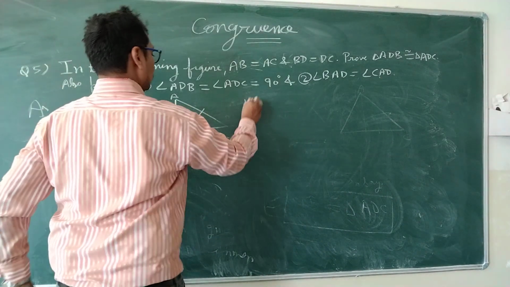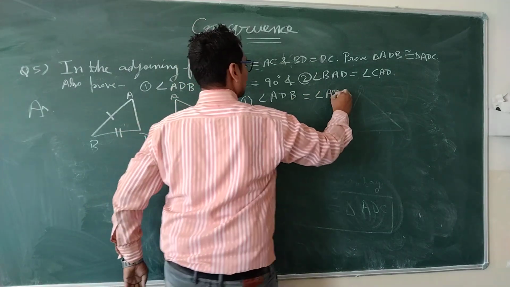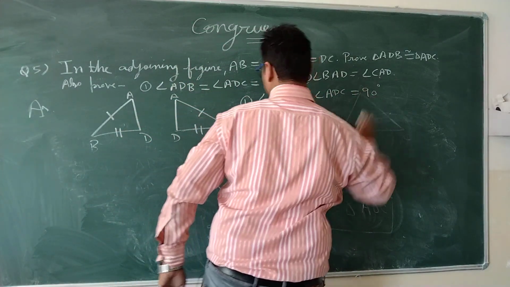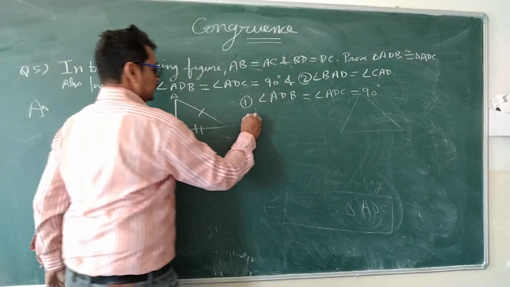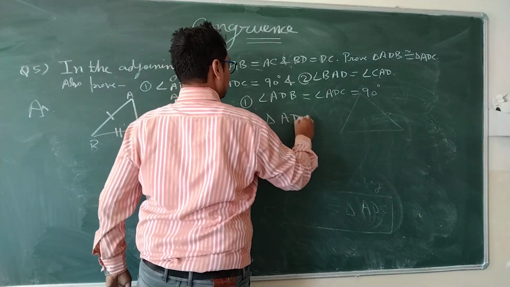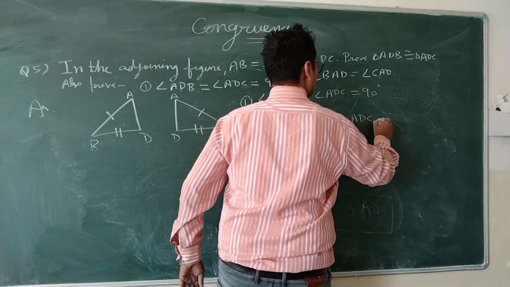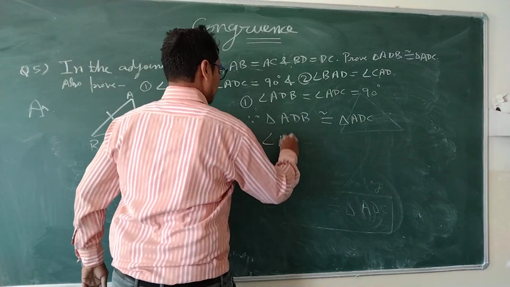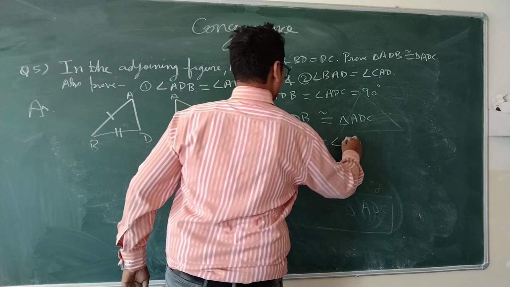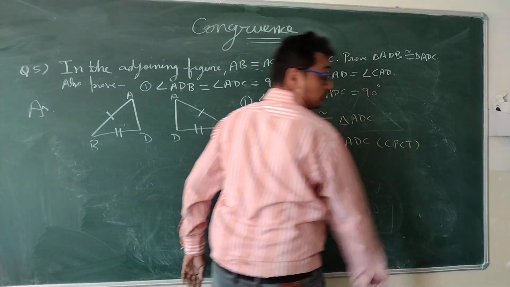Now we have to prove angle ADB is equal to angle ADC, which is 90 degree. Since triangle ADB is congruent to triangle ADC, this we already proved. So we can say angle ADB is equal to angle ADC, CPCT, the corresponding part of congruent triangles.